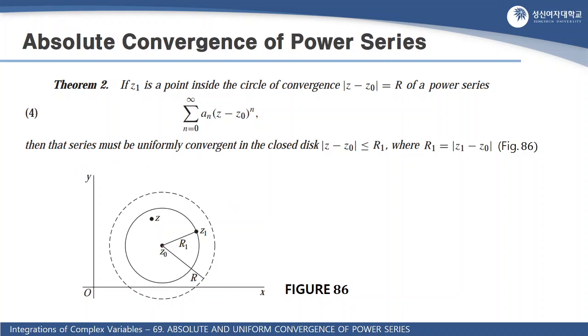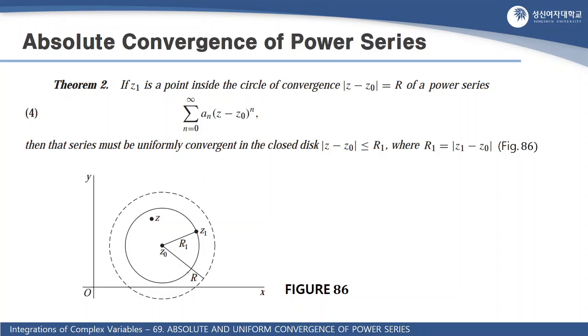Here is z0, which is the center of the circle of convergence. R1 is the distance between the point z0 and z1, and z here is the variable for this power series.